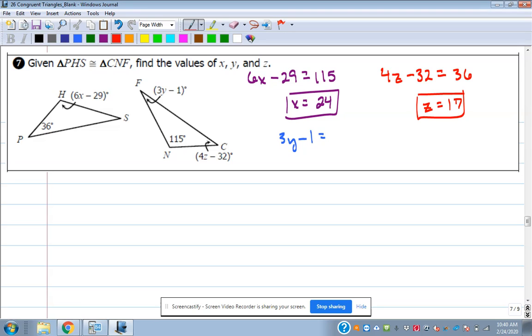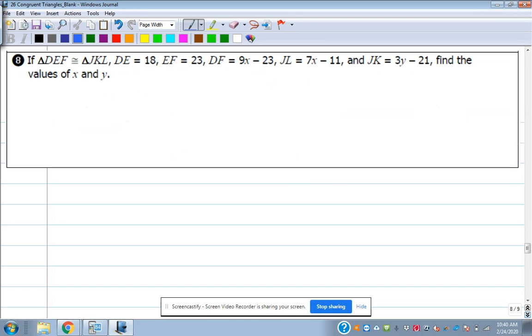So that's going to be 29 degrees. So we're going to set that equal to 29. And then y is equal to 10. All right, so we probably could have done that with it. Okay, pretty easy stuff.